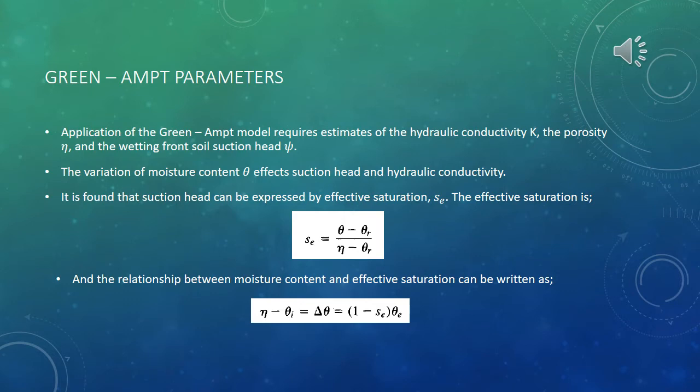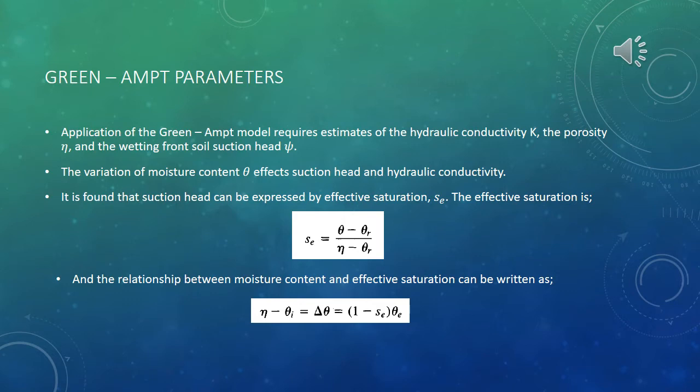This has been studied and observed, and it is found that suction head can be expressed by effective saturation Se, which is given by the equation Se equal to theta, the moisture content, minus residual moisture content, over porosity minus residual moisture content.